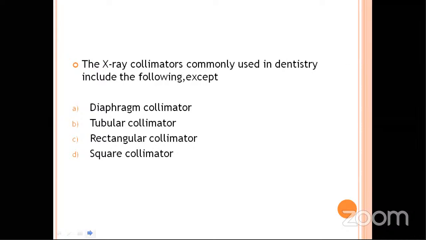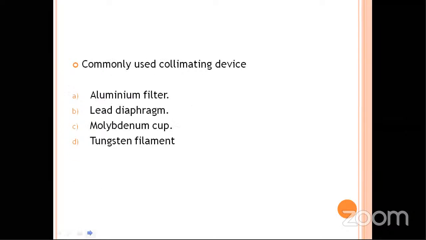Square collimator is not used anywhere in dentistry. Next: commonly used collimator devices are aluminum filter, lead diaphragm, molybdenum cup, tungsten filament. Here the option is lead diaphragm. Lead is a collimating device, whereas aluminum is a filtration device. The molybdenum cup holds the tungsten filament, that is the cathode, and the tungsten filament is also a component of the cathode.